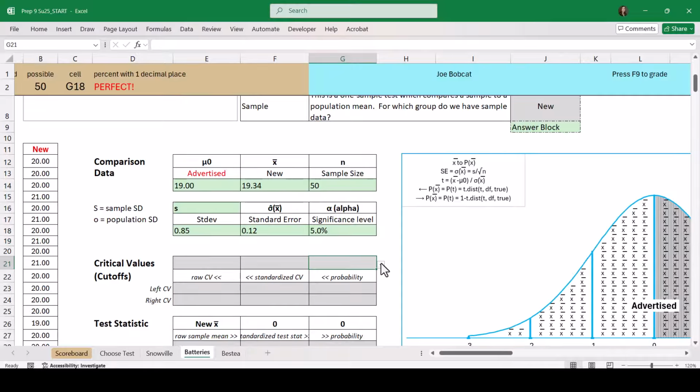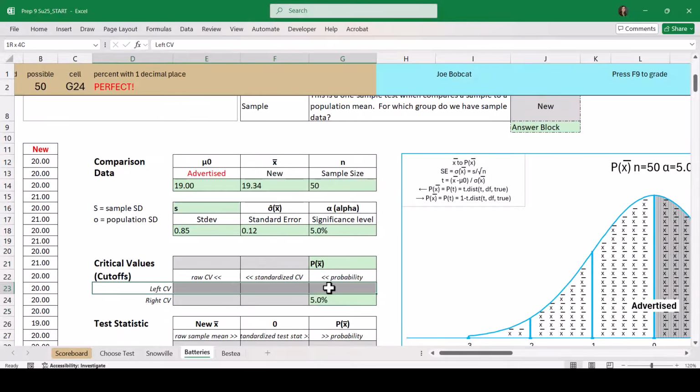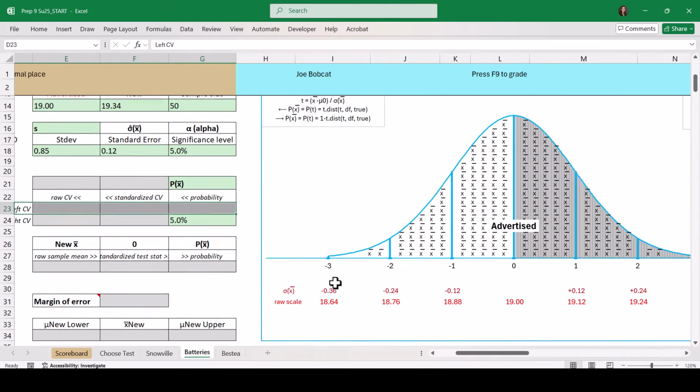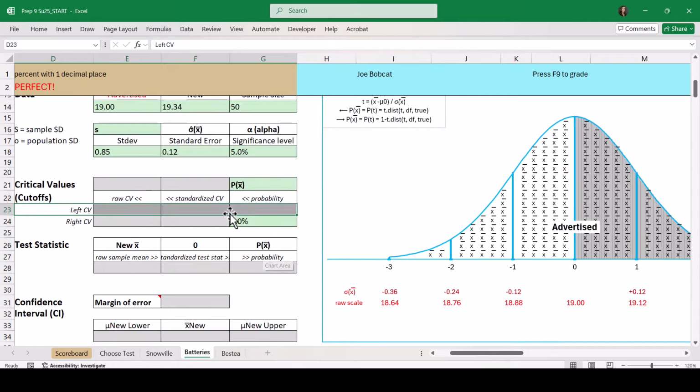What we're going to do is put that alpha into the right tail only. We're not going to have a left critical value, because we're not looking for our sample mean in the left tail. We just predicted that we think the battery life is longer. So we're going to put our alpha, our rejection region, into the right tail.